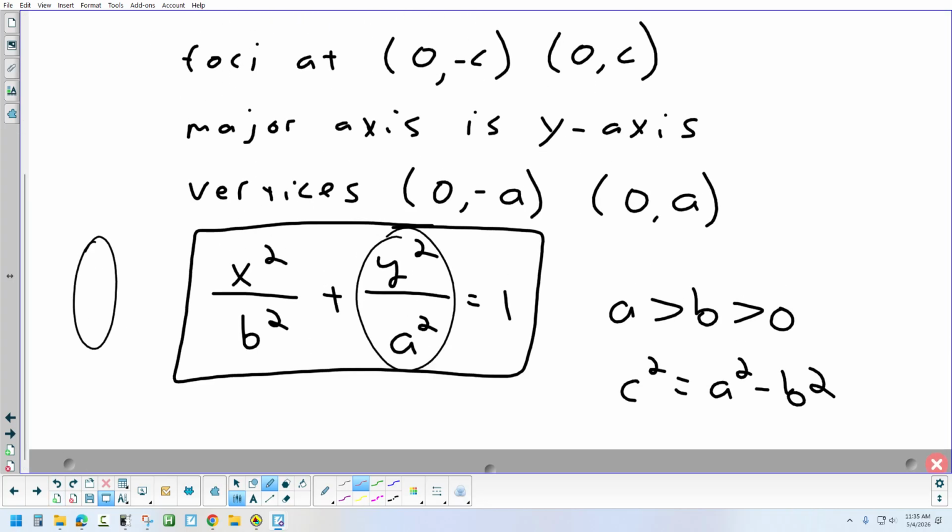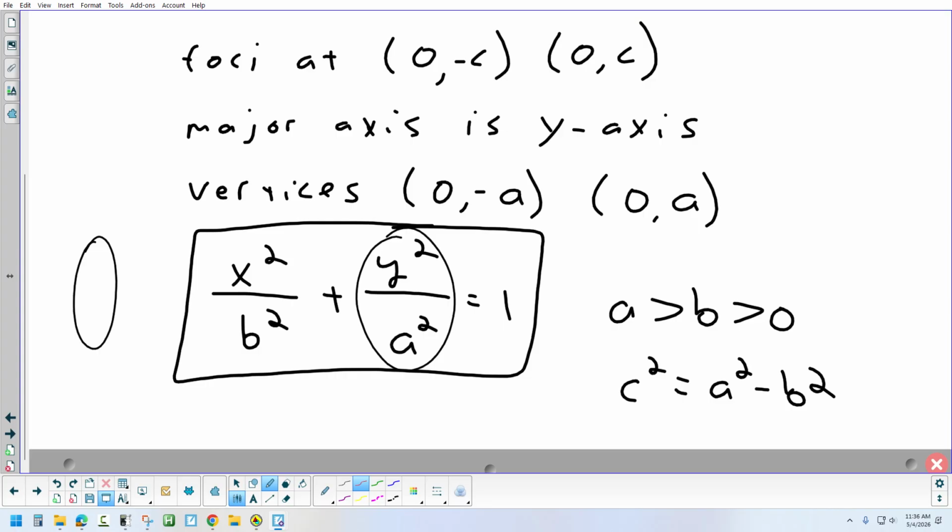Everything else is the same. A is always bigger than B, and B is bigger than 0. So no negative values for A and B. That makes sense because when I described A and B to you, I described them as distances. Well, distance can't be negative.